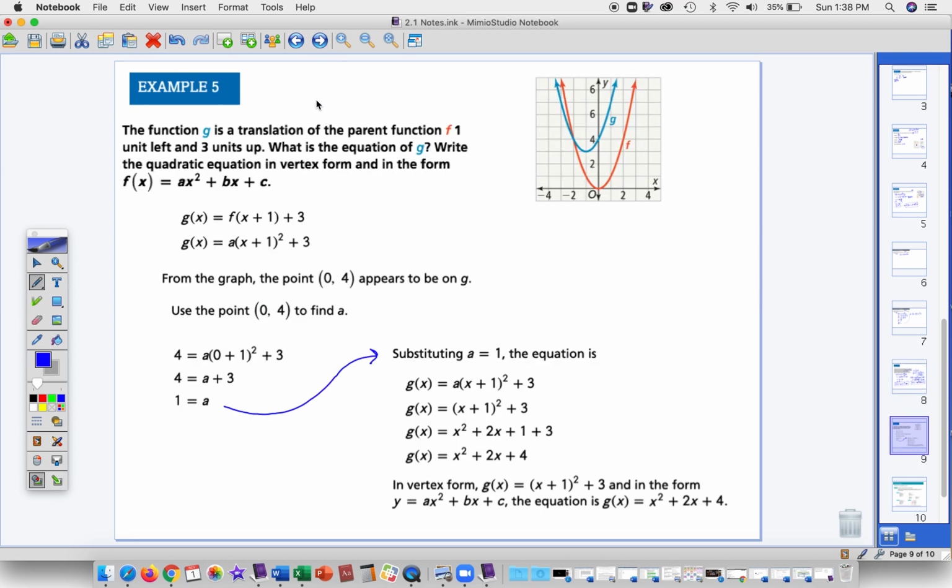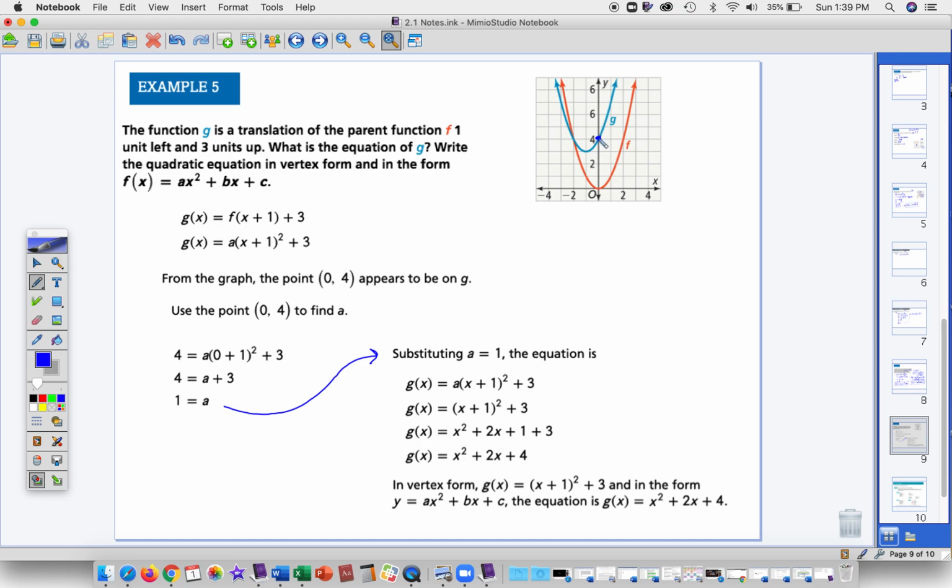Okay, let's see how you did. So here's my example 5. So we have the function going 1 to the left and 3 up. So that gives us a +1 and +3. Okay, so we need to solve for a. We can also see from the graph that 0, 4 is a point on the graph, right there.